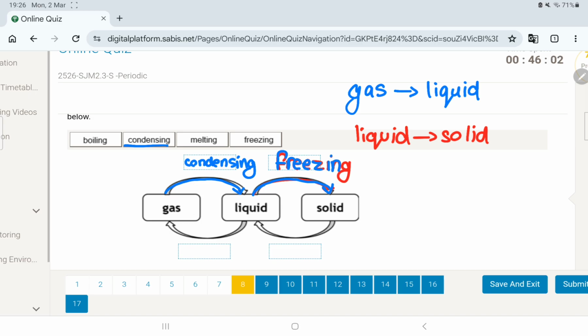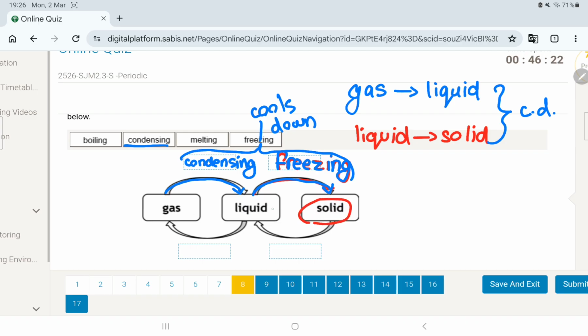Why? Because those two, the object, it's cooling down. So here, cools down, right? Because freezing and condensation, the object cools down. And so is here. Just gonna write C, D. And here, from a solid to a liquid. Now here, just ask yourself the exact opposite.